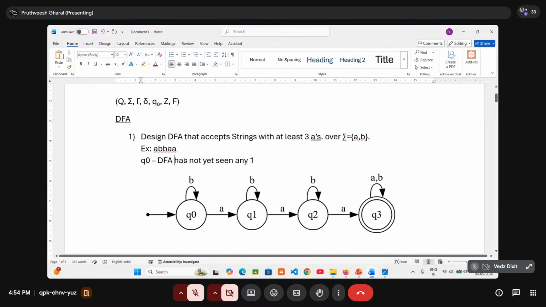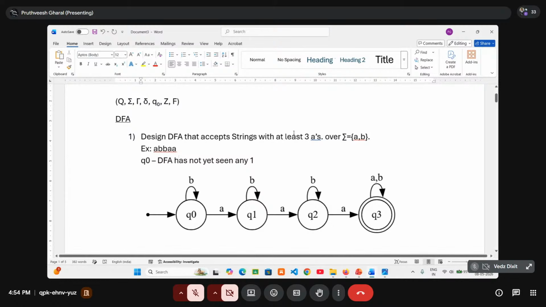Okay, so whenever we start the machine, the DFA will be in this state Q0. That's why we have represented this with an arrow here. Whenever the machine starts, it will be in Q0 only. It will not be in any other state. It will be in Q0 as a start state. That is fixed. We will not change this.